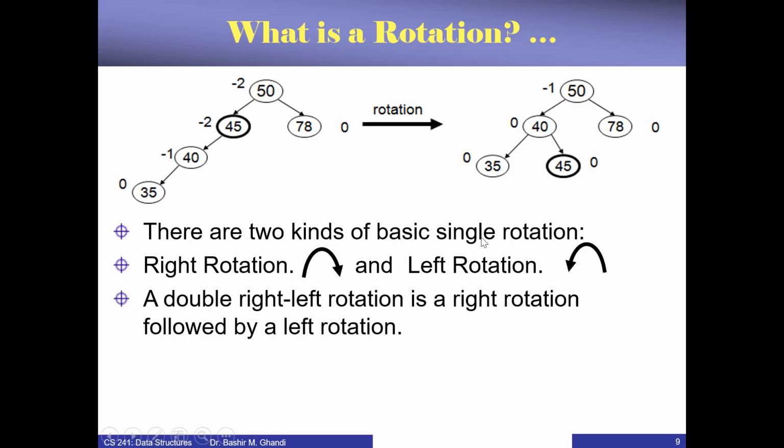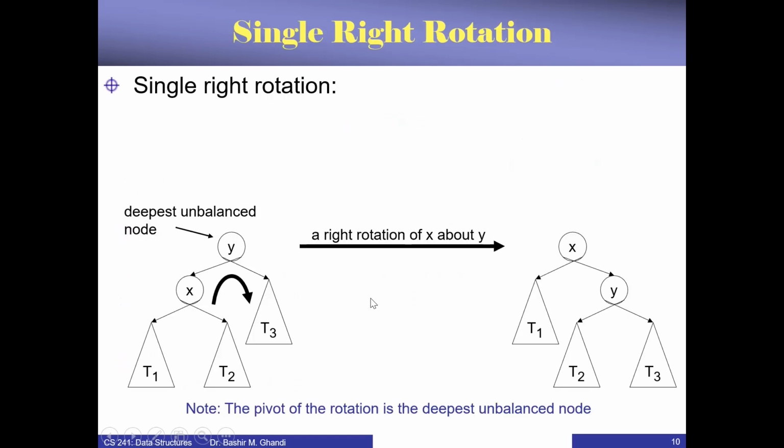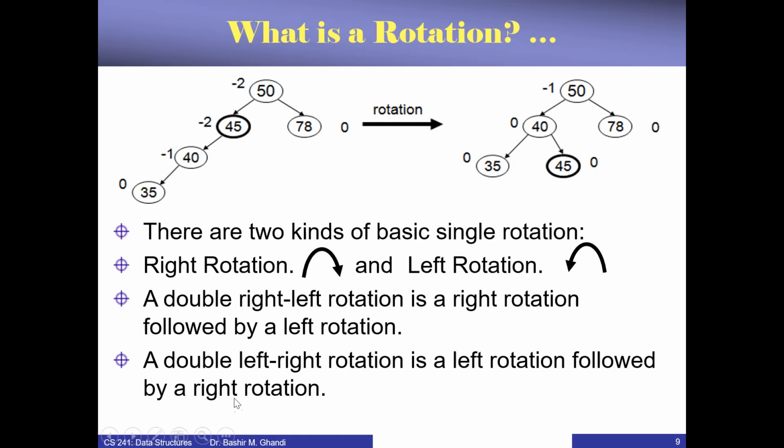So we have double right-left and double left-right. We shall see under what situation we do each: a single right, a single left, a double right-left, and a double left-right.